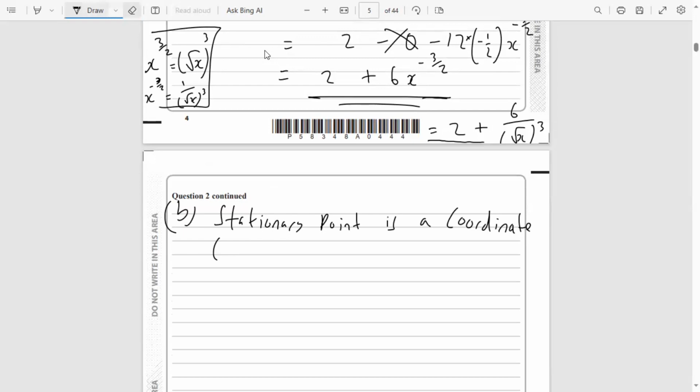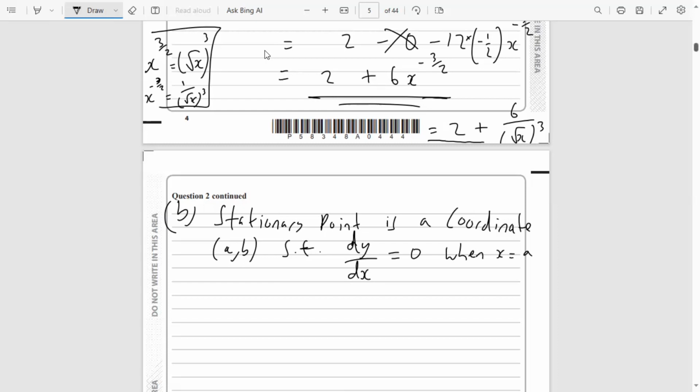So it's a coordinate (a, b) such that, and in my videos, when you see ST, it just means such that, the derivative, so when you differentiate your curve y with respect to x, dy by dx is equal to 0 when x equals a.